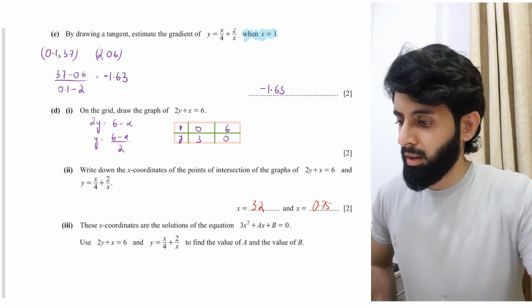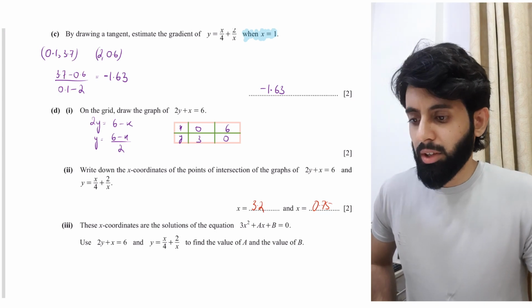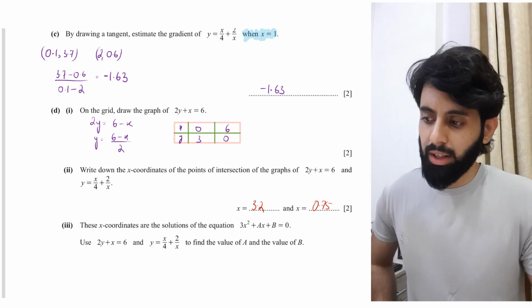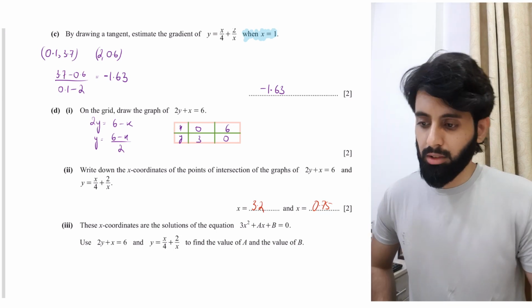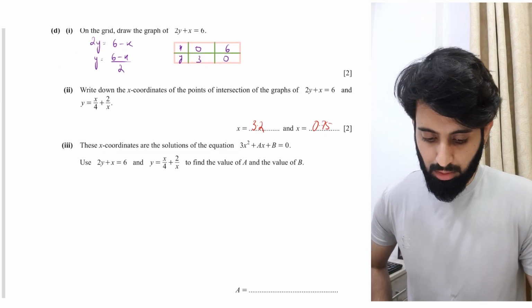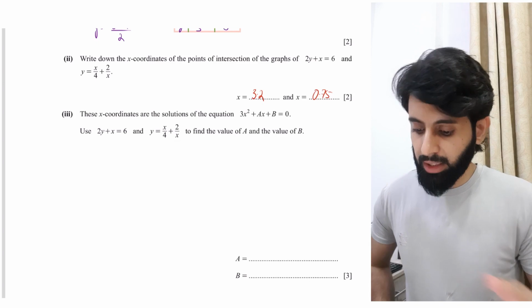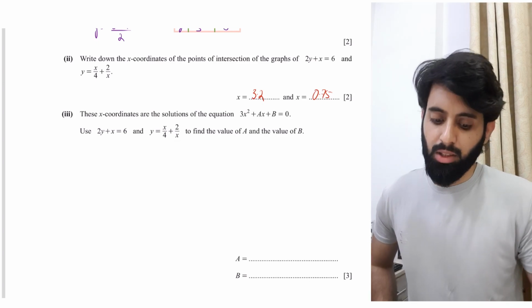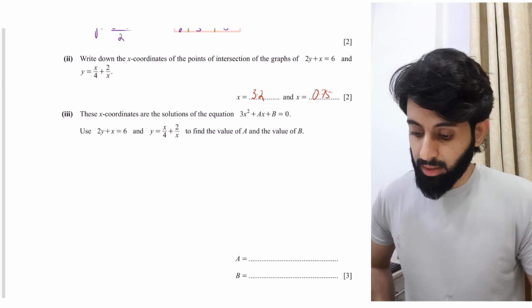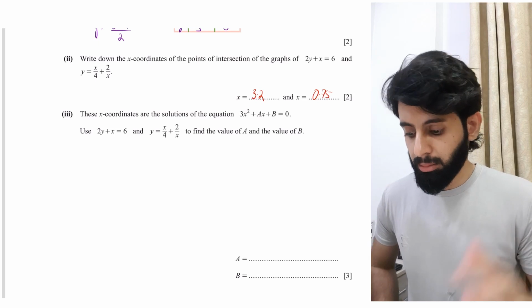Well, you're not given exact answers, but if your line is correct and if the curve is correct, you can expect to get all the marks there are. Then it says the x coordinates of the solution of the equation 3x squared plus ax plus b equals 0. These x coordinates, in fact, use 2y plus x equals 6.